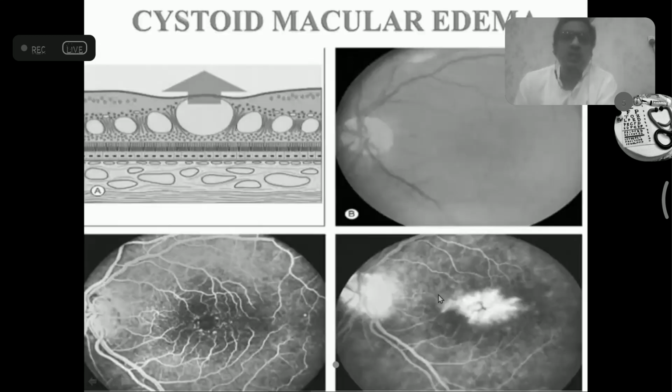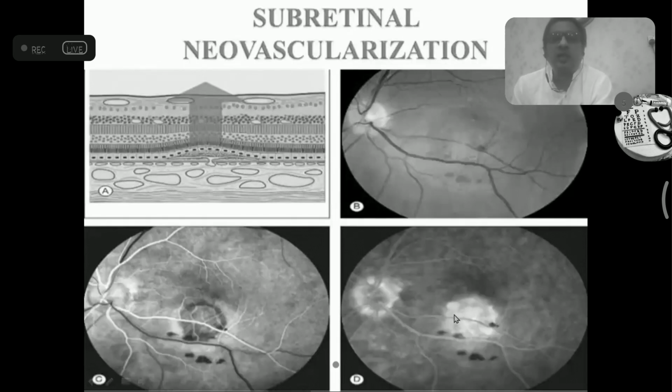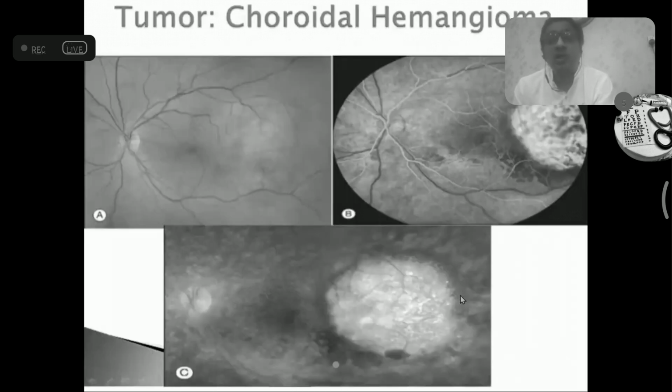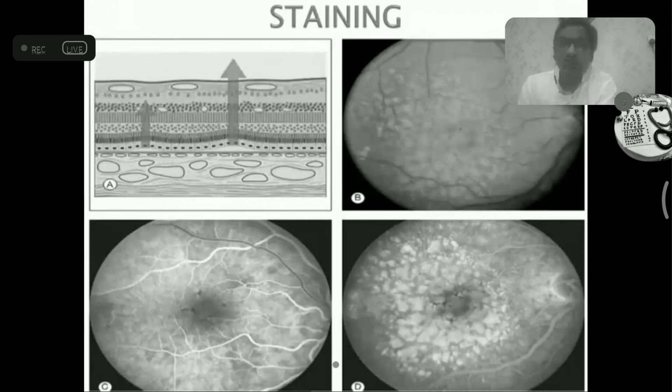Leakage mechanism is vascular leakage and subretinal neovascularization. Leakage from the break of the inner blood retinal barrier, or a hemangioma, staining, prolonged leakage, staining. In this case there is multiple hyperfluorescence.